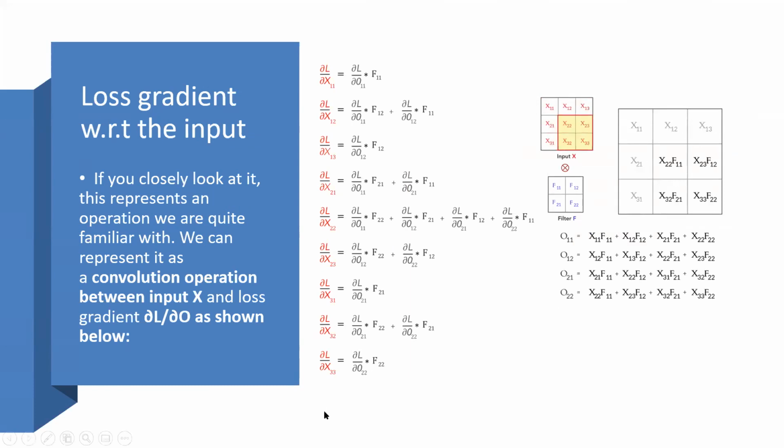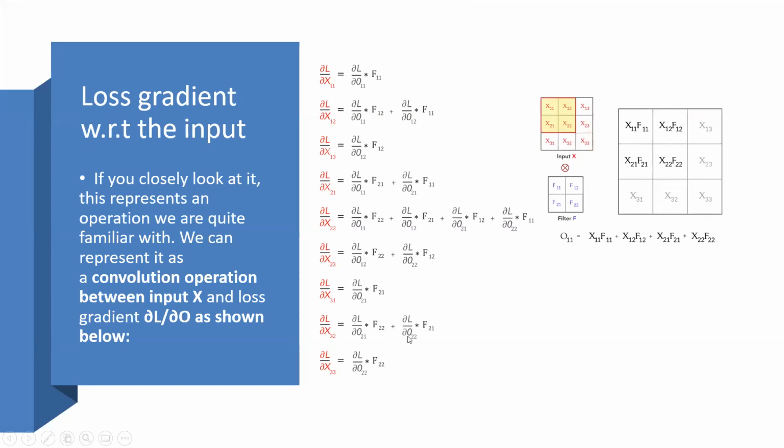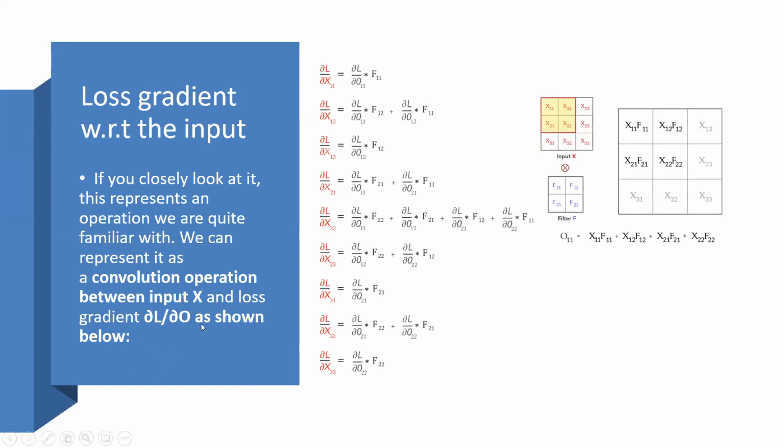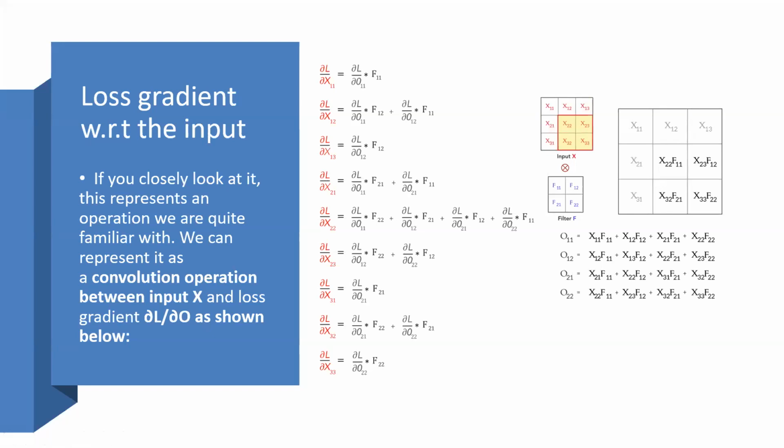In the second portion, x22 has been multiplied with the filter f21. Let's see the third equation. It's multiplied with f12, and in the last equation, it's multiplied with f11. So you see that the multiplication is with the flipped and inverted filter, and this is basically how we are able to get the gradient with respect to the input. That is why we flip and turn the filter once, and then we multiply it with the upsampled gradient. Does that make sense now?